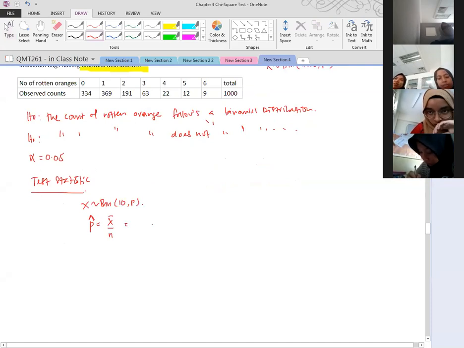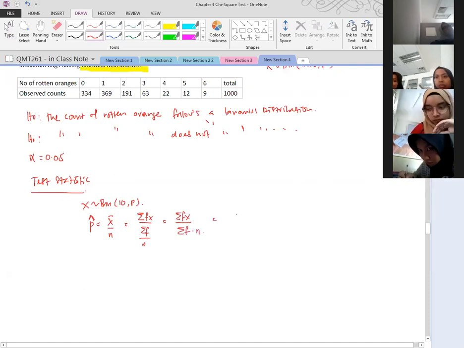So n is the total number of trials. Since this is categorical data, X bar is the summation of fx divided by the summation of f, and divided by n. So it should become the summation of fx divided by the summation of f multiplied with n.